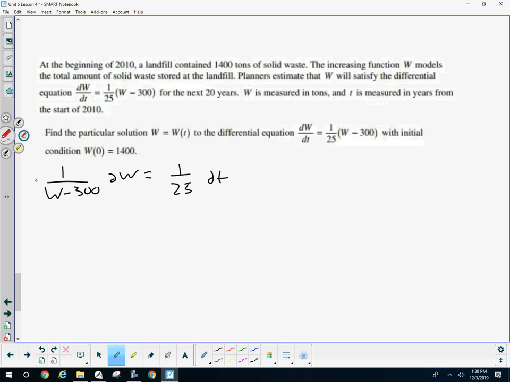Take the antiderivative of both sides. You can write this as W minus 300 to the negative first. The antiderivative would use a logarithm.